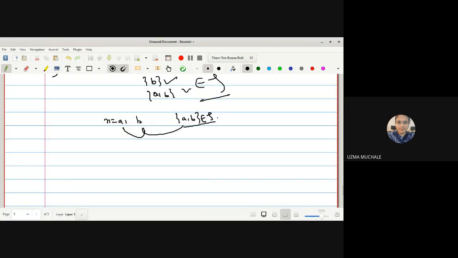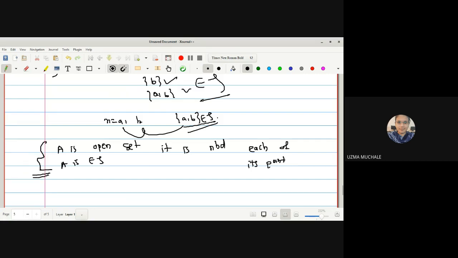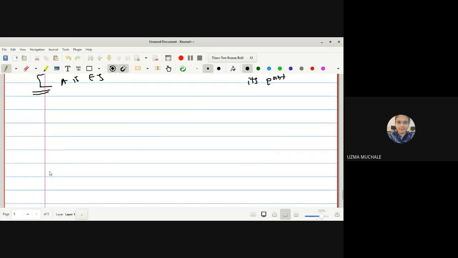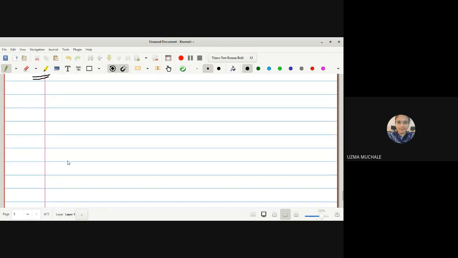If any element is a member of TOE, it is a neighborhood of each of its points. Or we can say if A is an open set, it is a neighborhood of each of its points. I hope you know this property for the open set.